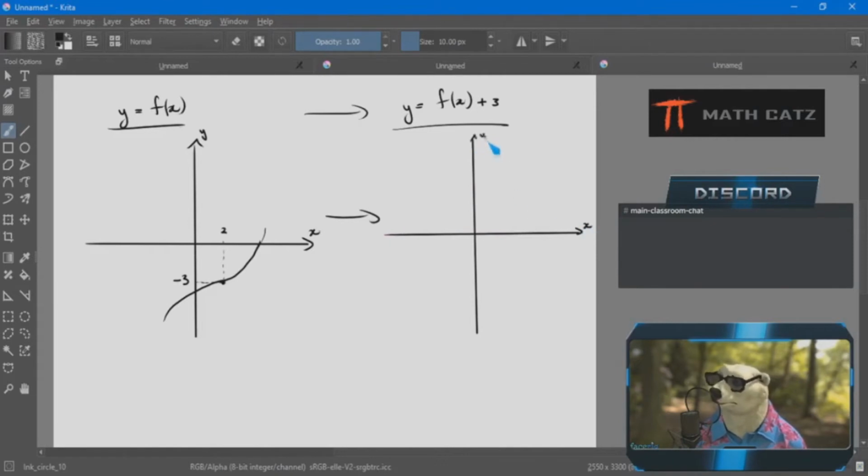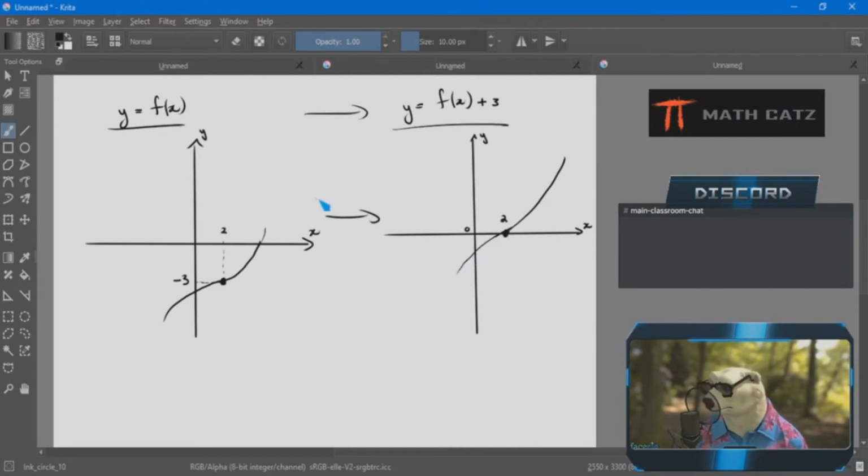Which is that everything shifts up by 3. So this point that I know a little bit about now shifts vertically up because I added 3 by 3 units. So that point is now going to sit over here at 2, 0. And the same graph shape is happening. I don't know what it is, right? It could be anything. Same shape.